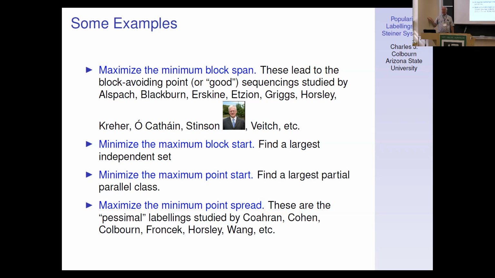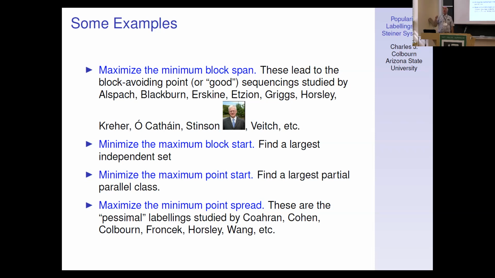Something like minimizing the maximum block start sounds like a strange question, but it turns out to be the same question as saying, find me a largest independent set. Minimizing the maximum point start turns out to be finding a largest partial parallel class. Well, what about maximizing the minimum point spread? So now we're going to look at how close together two things can be and then try and push them as far apart as possible.